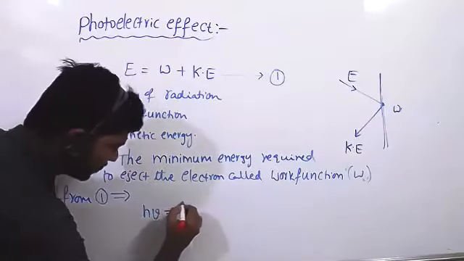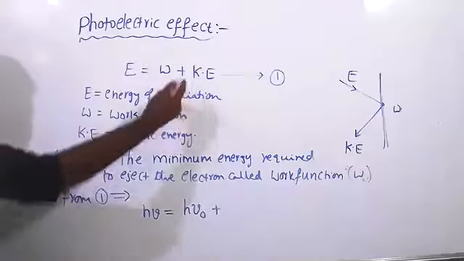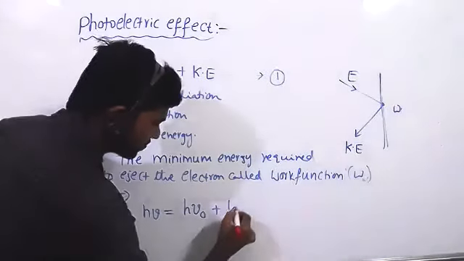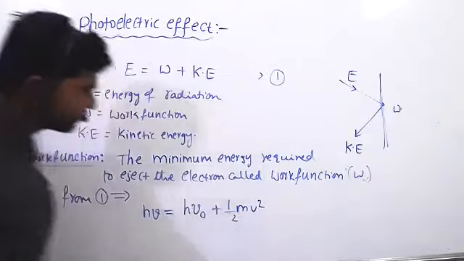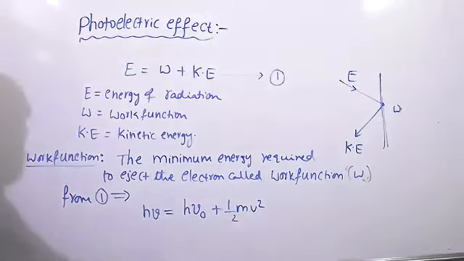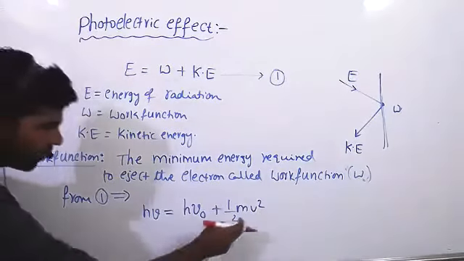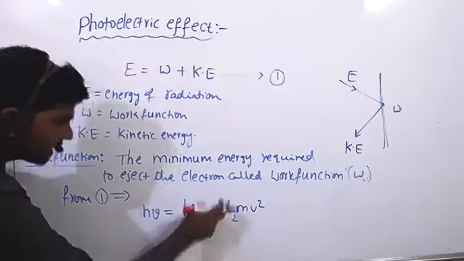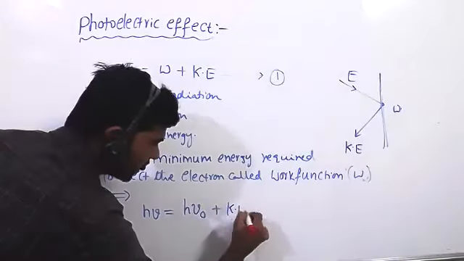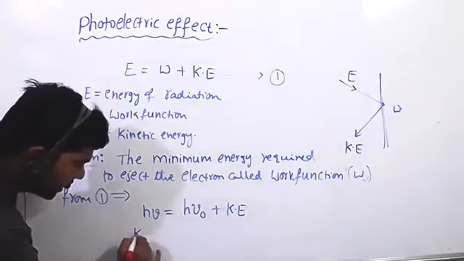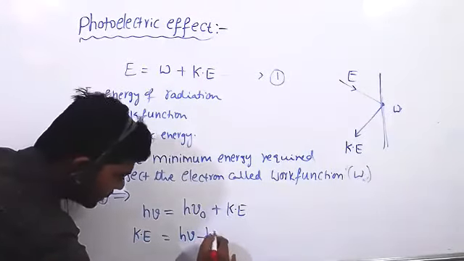Work function W is h nu 0, plus kinetic energy, which is half mv square. It's basically the same thing and is also one formula. If you want only kinetic energy, you can keep KE or half mv square. So kinetic energy of photoelectrons is equal to h nu minus h nu 0.